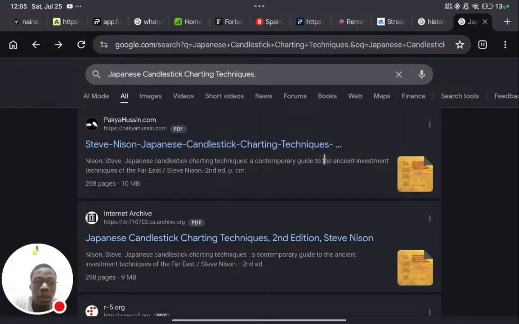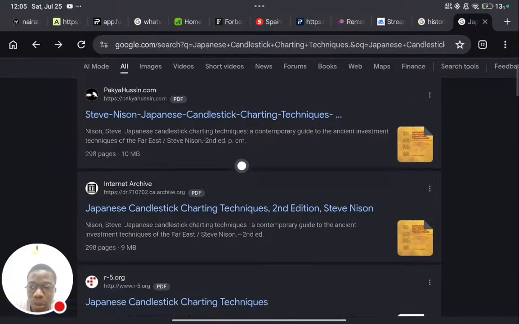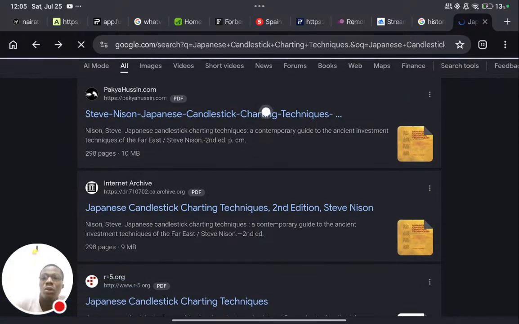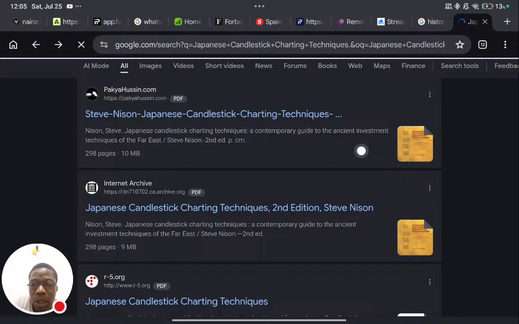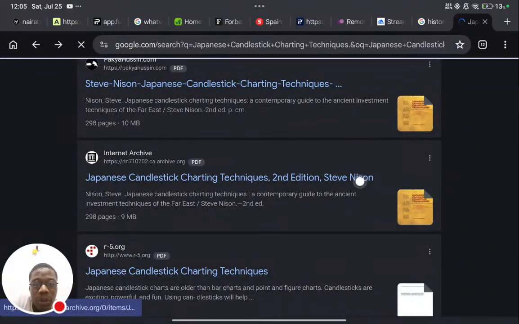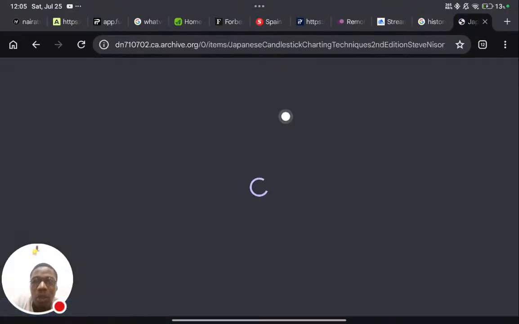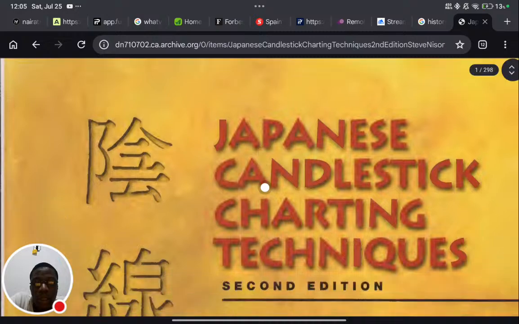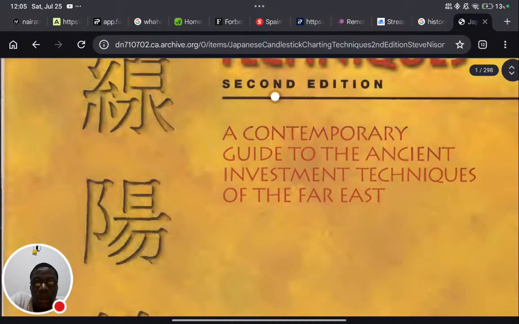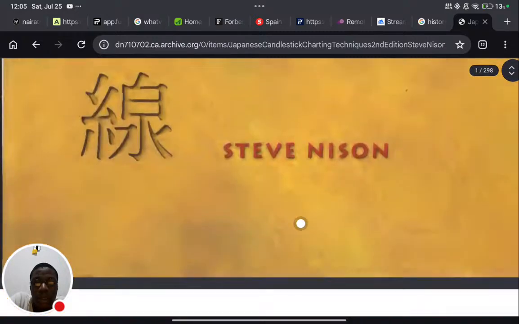So let's check it out a bit. Let me help you guys. But then you could read the audio book if you don't have time. But then there are graphic representations. Look at the book here, Japanese Candlestick Charting Technique, the second edition by Steve Nison.